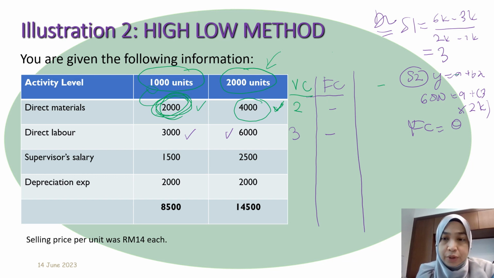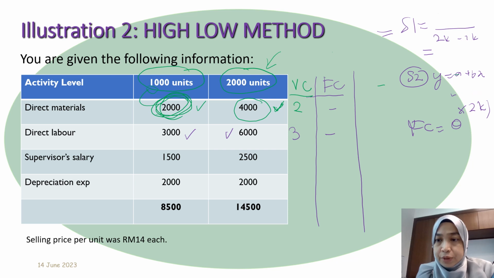Okay, and then you repeat the same step for the others. You do the high-low method for supervisor's salary.